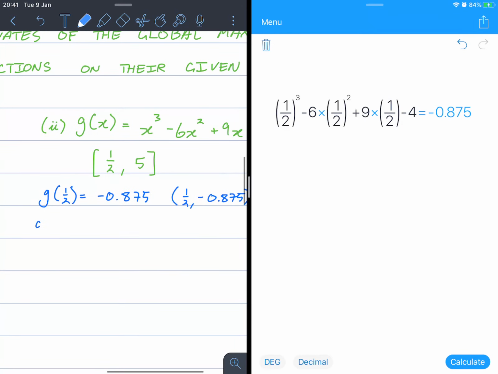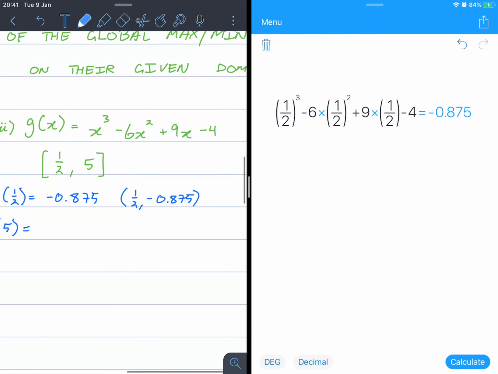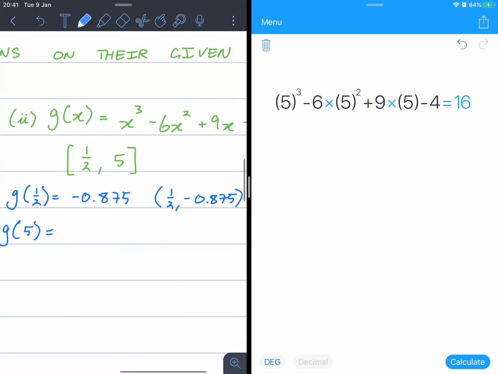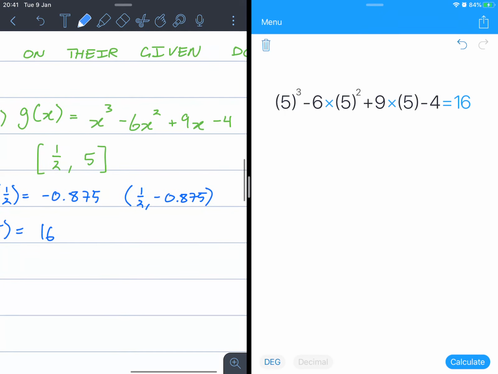Let's test g of 5. So it's going to be 5 cubed minus 6 times 5 squared plus 9 times 5 minus 4. That's going to give me 16. This is 5, 16.